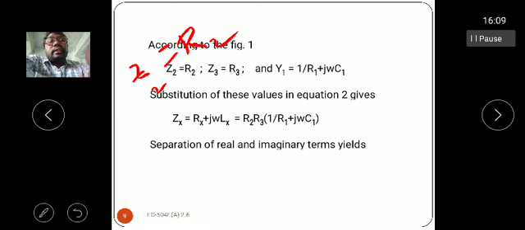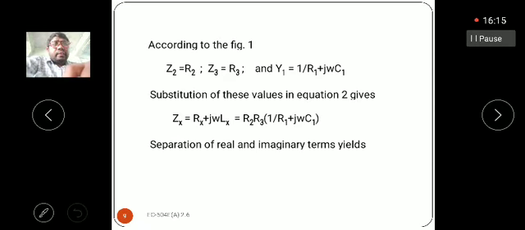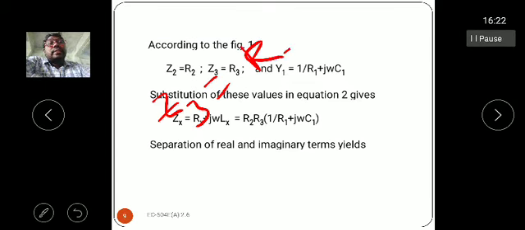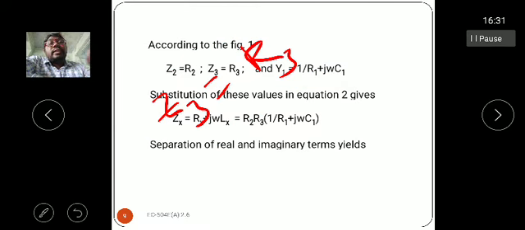The second one is Z3 equal to R3, a variable resistance, but for generating the equation we take it as a fixed quantity. R3 is variable, but for calculating the unknown inductance we take R3 as fixed.